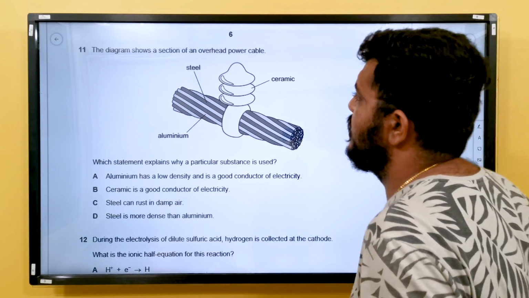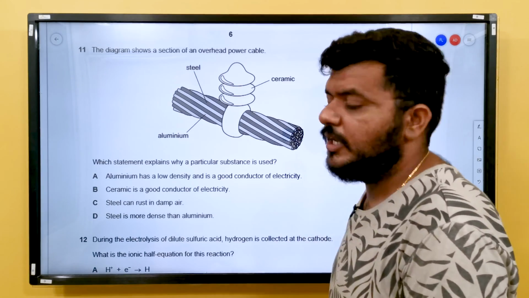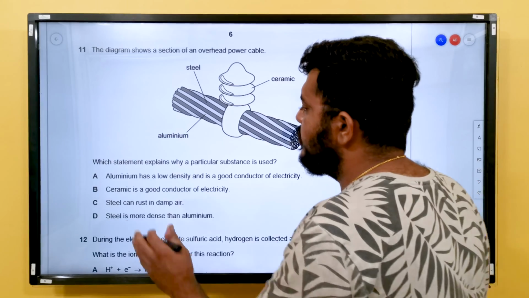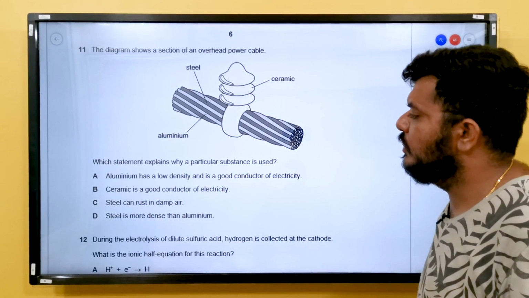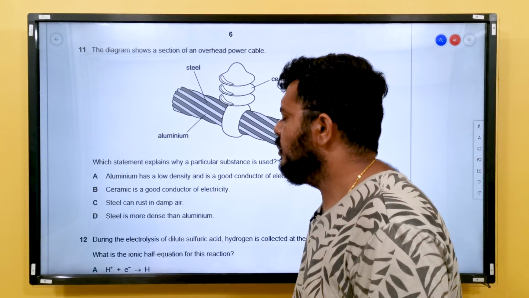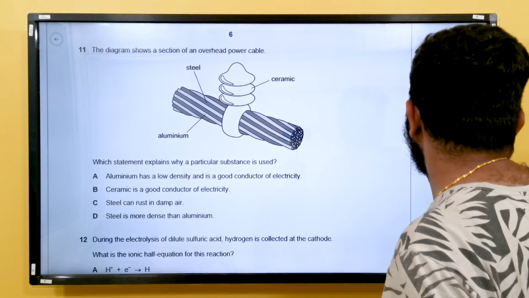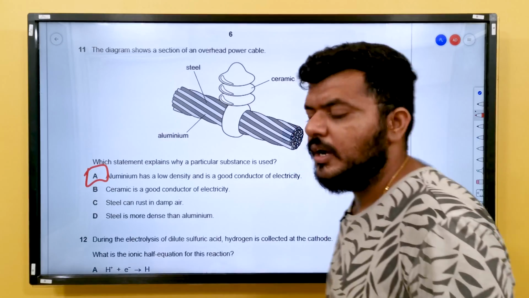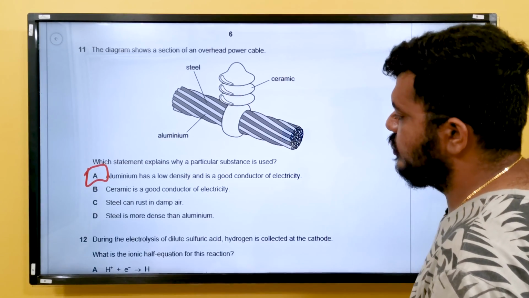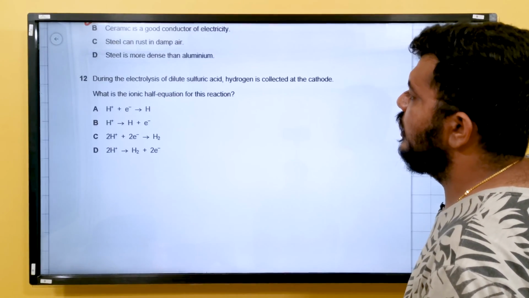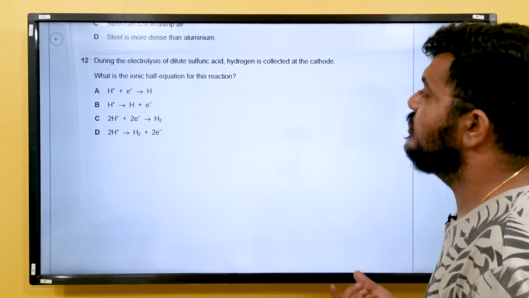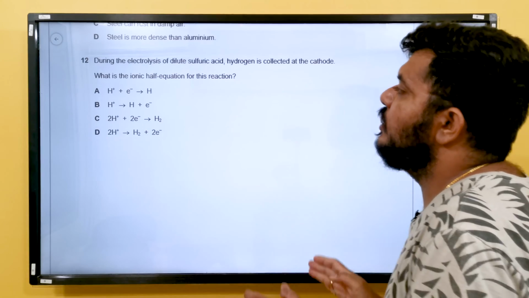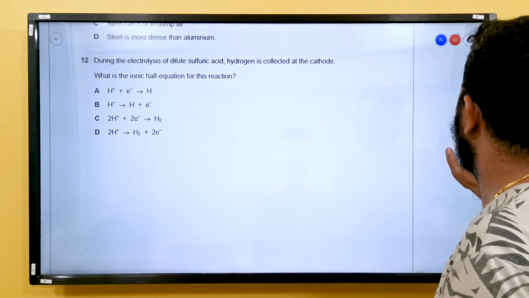Diagram shows a section of overhead power cable, ceramic, steel and aluminium. Which statement explains why a particular substance is used? Aluminium has a low density and is a good conductor of electricity. Okay, that's why it's used and that's your correct answer. Let's look at the next question. During electrolysis of sulfuric acid, hydrogen is collected at the cathode. What is the ionic half equation for this reaction?